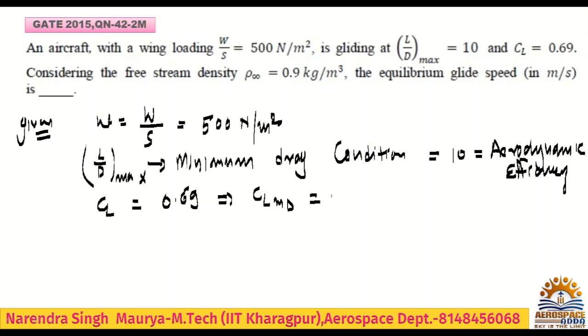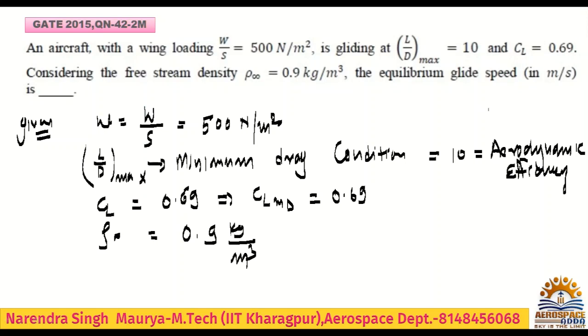It is given as 0.69. Hope you understood. Considering the free stream density, not sea level, they have given 0.9 kg per meter cube. The equilibrium glide speed in meter per second.